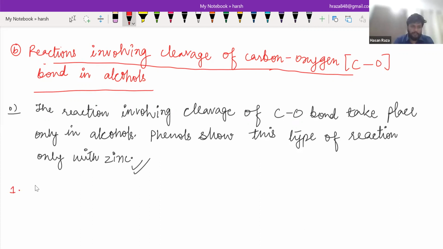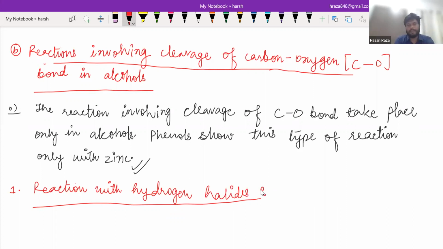And the first reaction about this is reaction with hydrogen halides. Reaction with hydrogen halides. Please write up to this and let me know. Then I am going to explain.